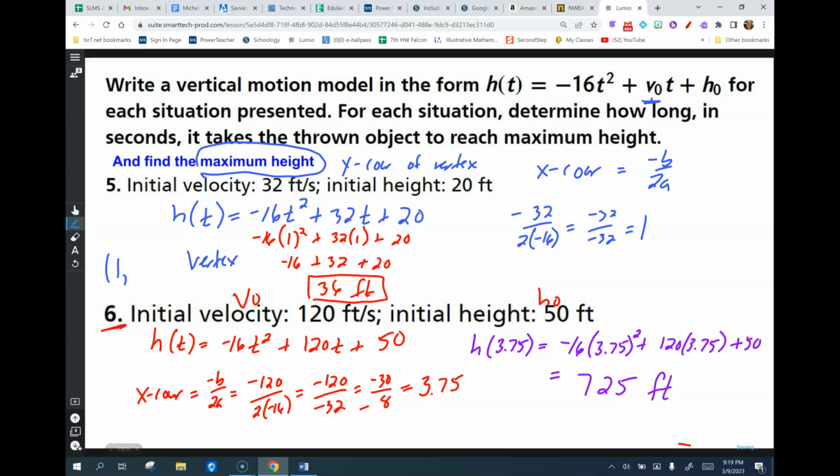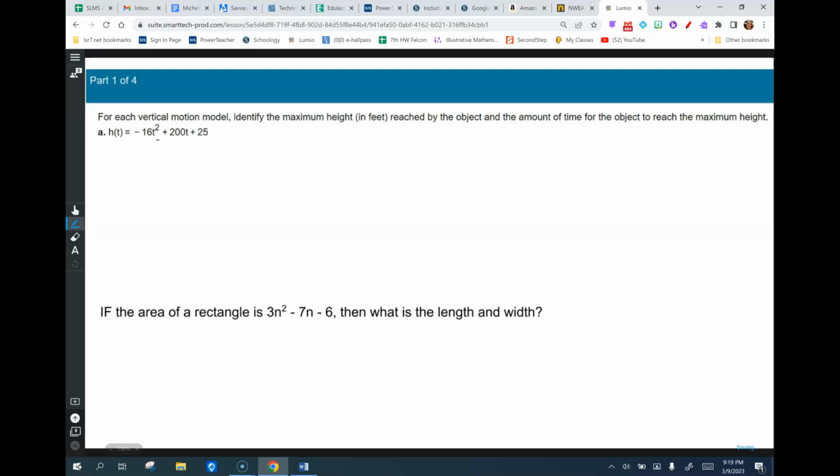Okay, so hopefully you know how to write the function, and you also know how to find the maximum height. That's what we're looking for. So on this last slide, I just wanted to look at a couple things that we're going to be doing. You'll notice this should look familiar. Yep, I took that right out of your homework. So this is one that I thought we should at least talk about. For each vertical motion model, identify the maximum height reached.